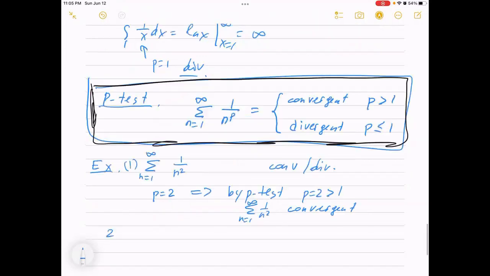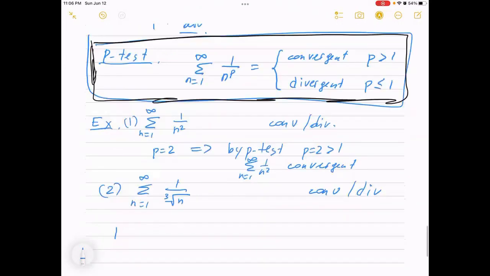Second example, if I look at the series 1 over the cube root of n, from 1 to infinity, and same question, I want to know whether it converges or diverges, I notice that p equals 1/3, because you remember cube root means n to the 1/3.